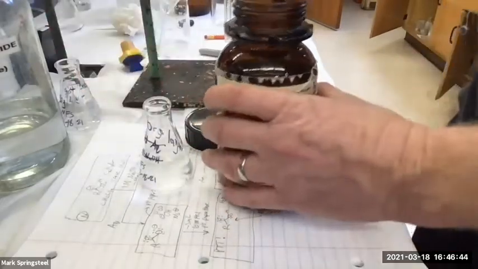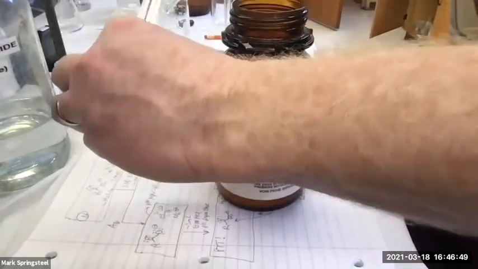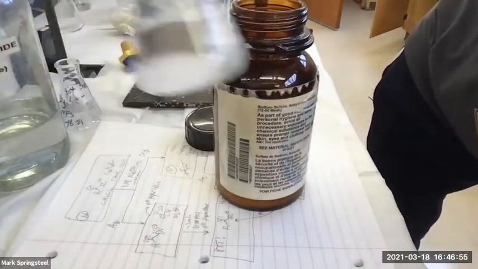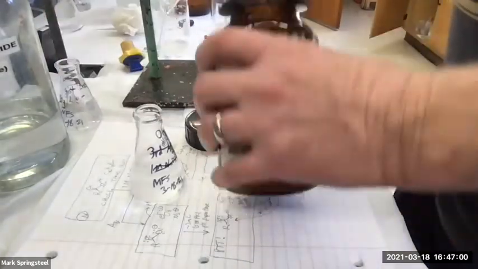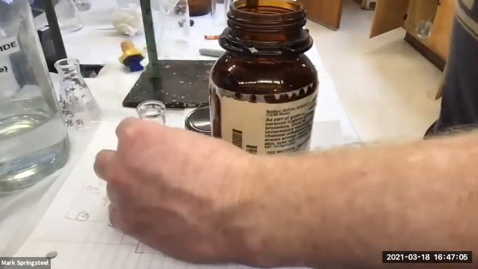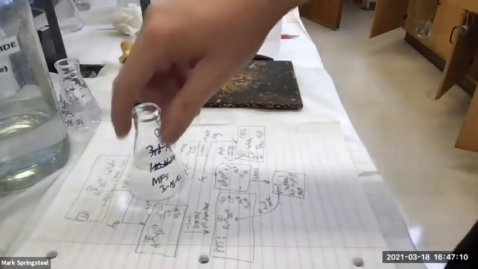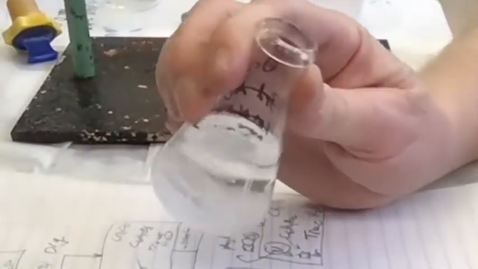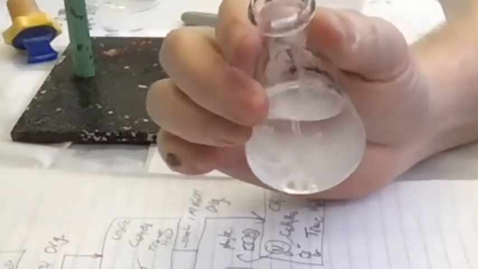So it's looking pretty good. Add a little more. Yeah, it's getting there, I think. Go a little bit more. I think that's going to be enough. Yeah, I do see a few little grains on the bottom that are not clumping.